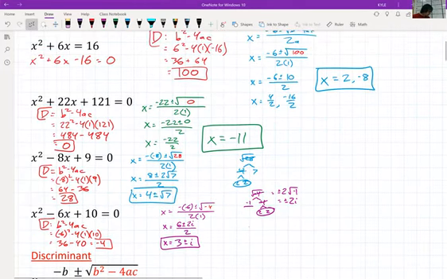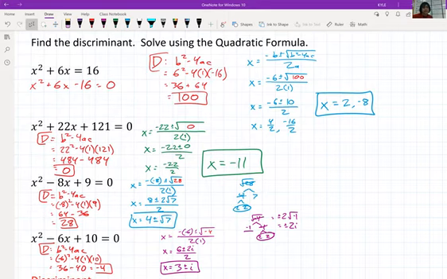So we worked these 4 problems, finding the discriminant each time, and then plugging it into our overall quadratic formula. There are a couple reasons we do it in that order. The first one, finding the discriminant makes our life easier when we're actually plugging into the quadratic formula, because we don't have to worry about that b squared minus 4ac part. We already figured it out, as you heard me sing over and over again.